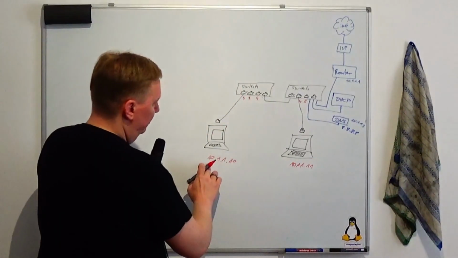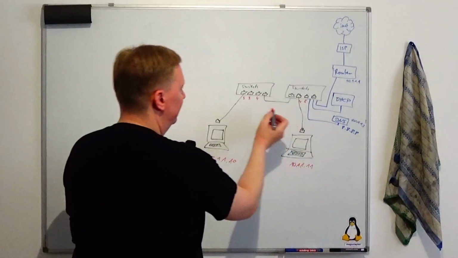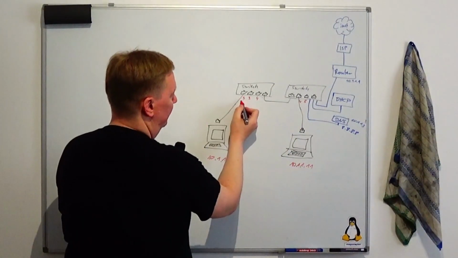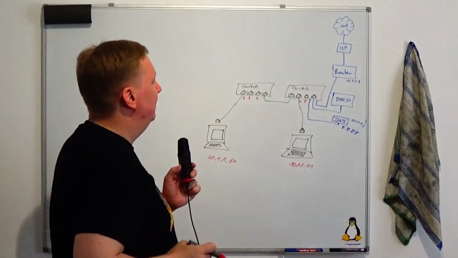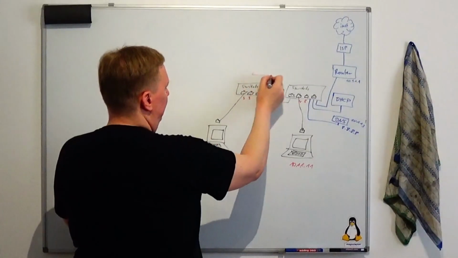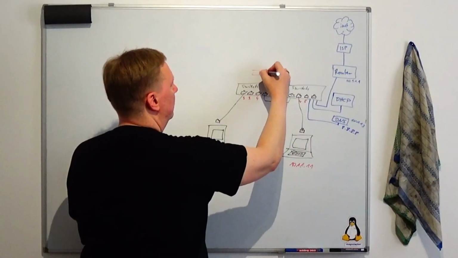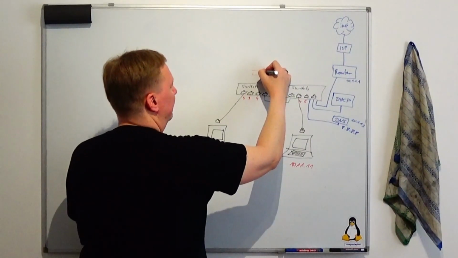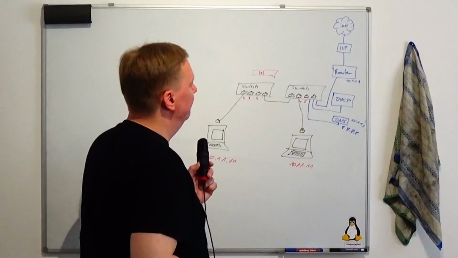So let's say I want to send some data from 10.1.1.10 to 10.1.1.11, but this one here is on VLAN 3 and this one here is on VLAN 4. What happens is the packet that you are sending gets a so-called VLAN tag saying that, hey, this is on VLAN 3, okay?